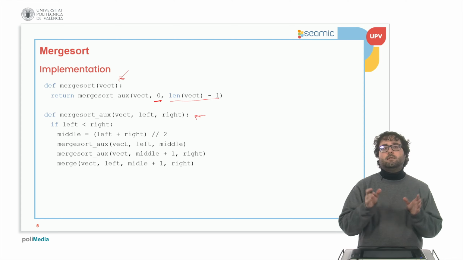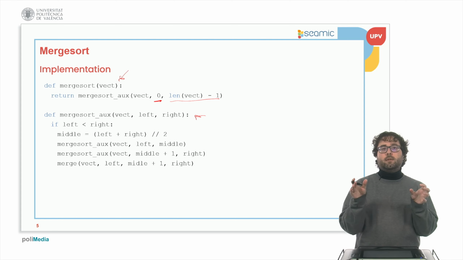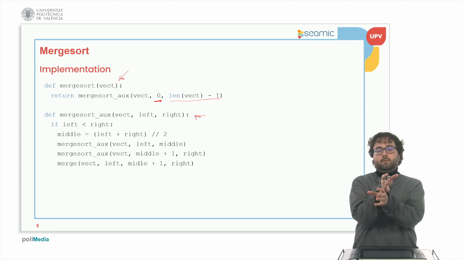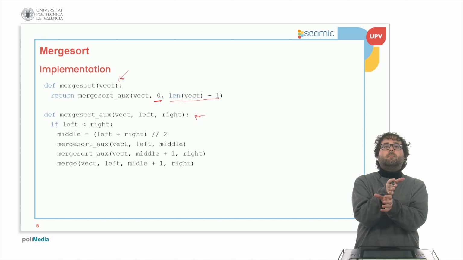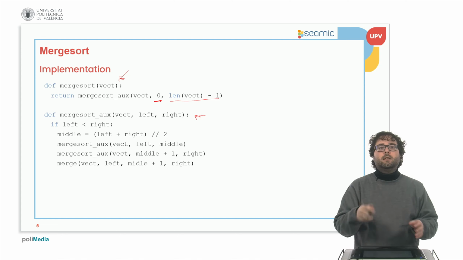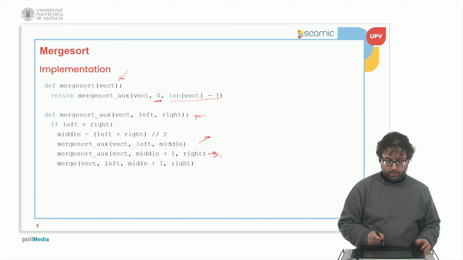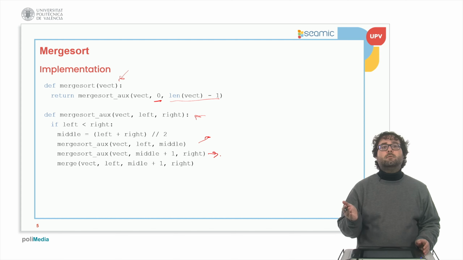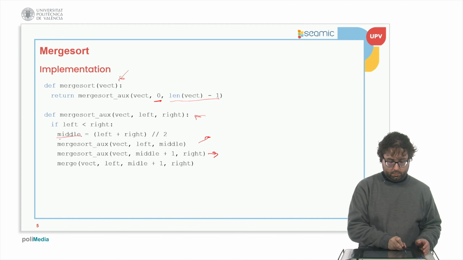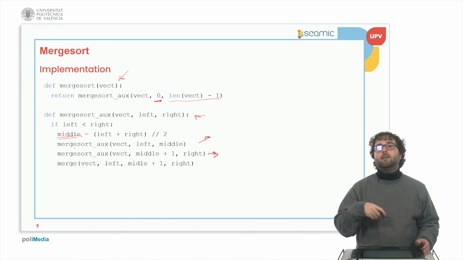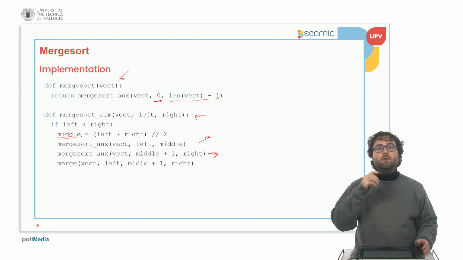As long as left is smaller than right, that means that we haven't got to the middle, then we call recursively, splitting the problem in two. We compute the middle value of the list and make the recursive calls.